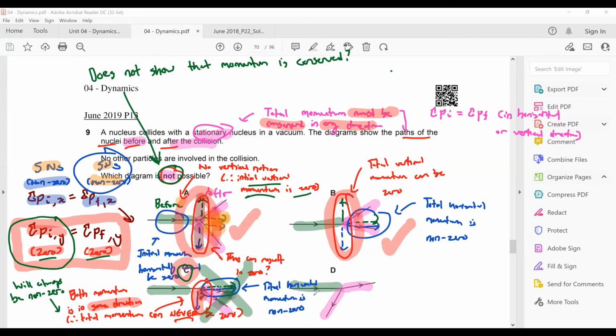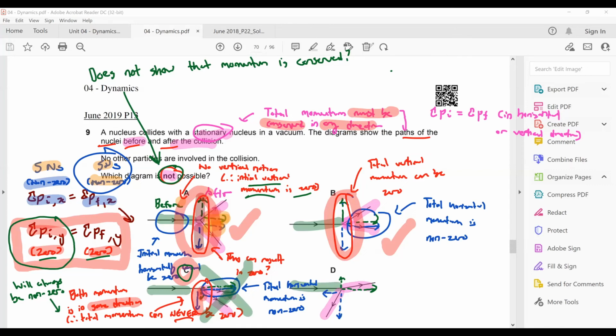Now, if you try to repeat your analysis for part D, you will still come to the conclusion that it is still possible. You see, if I try to redo the resolution of the vectors, the one here can be resolved into this direction. The other arrow can also be resolved into this direction.